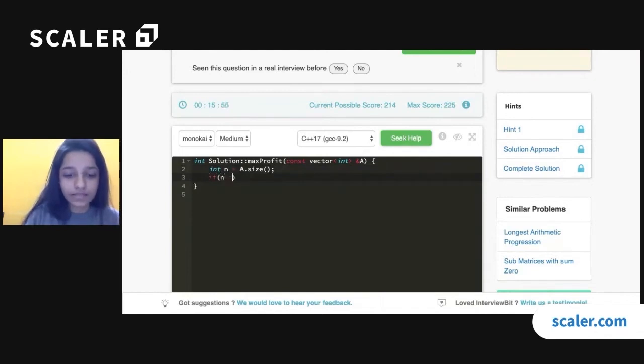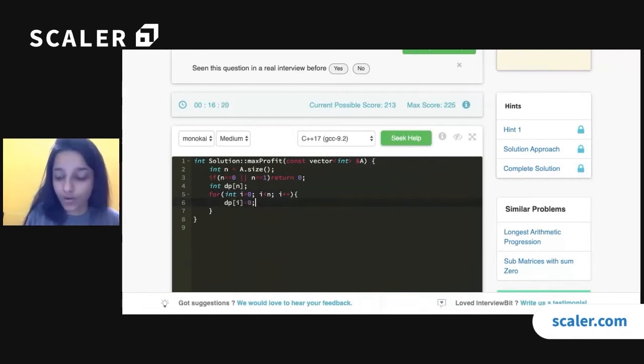Then if n is equal to 0 or if n is equal to 1, then we'll return 0. Now let's create our dp array and initialize all the elements to 0. So dp of I is equal to 0.